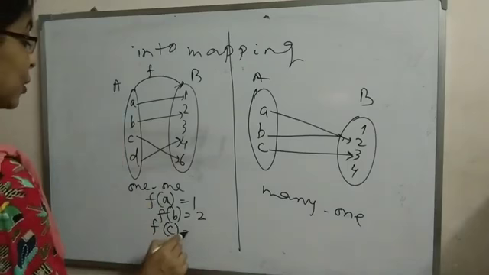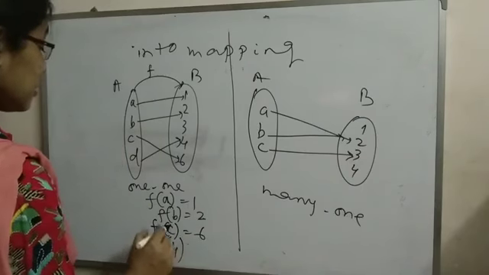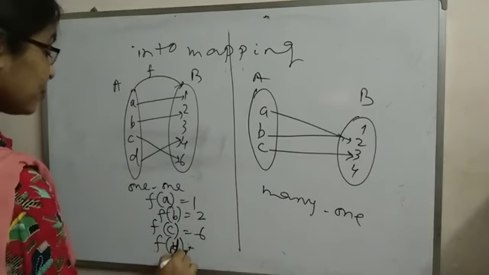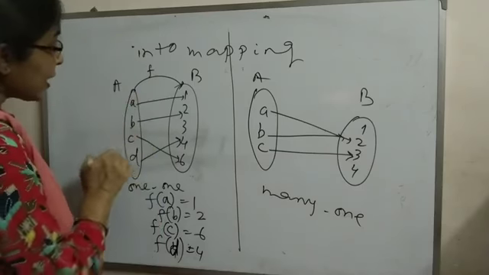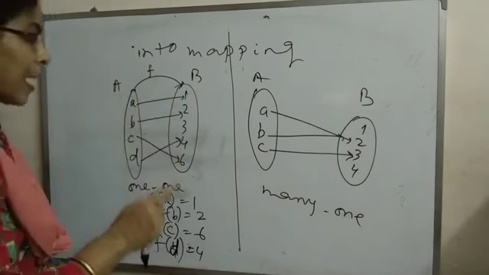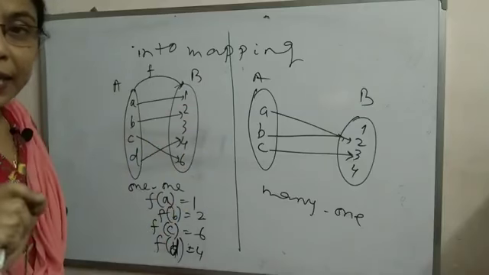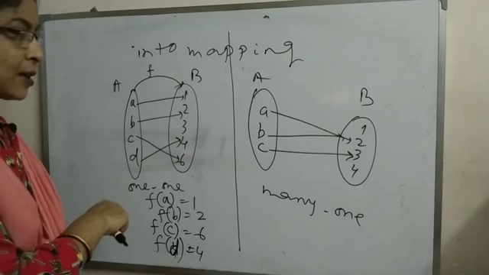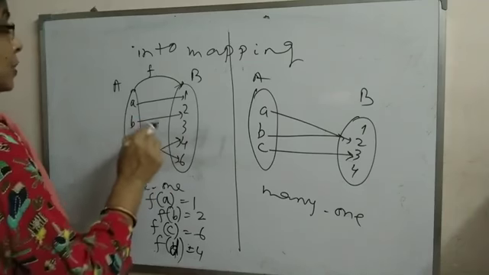If c equal to 6 and d equal to 4, every element of A is related to a unique element in B, but in B there is at least one element which has no preimage in A. So it is into.